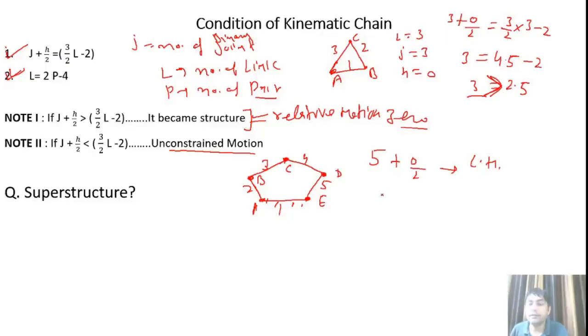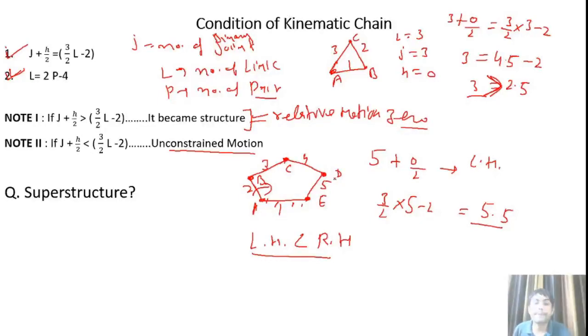Now the right hand side, 3 by 2 times 5 minus 2, is equal to 5.5. That means the left hand side is less than the right hand side, so it becomes unconstrained motion. For example, you can give one input here and get two outputs from here.